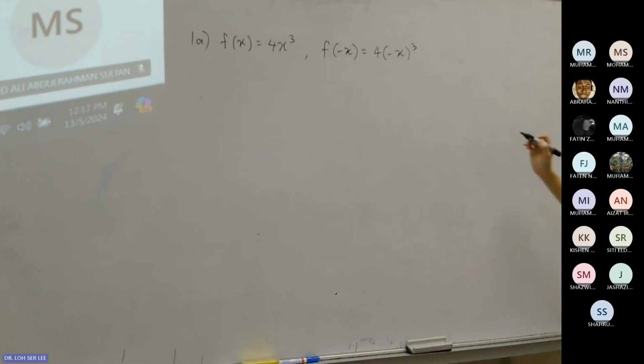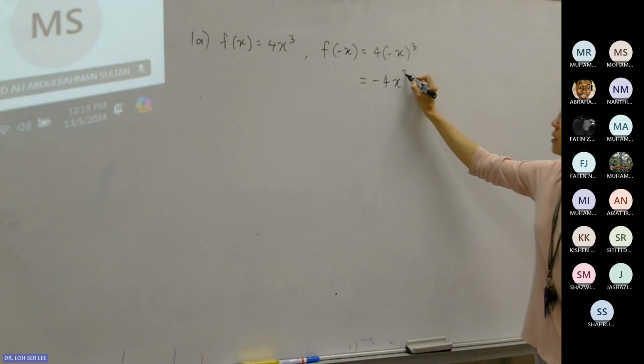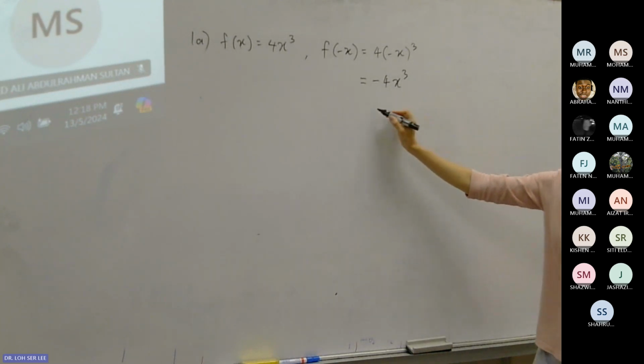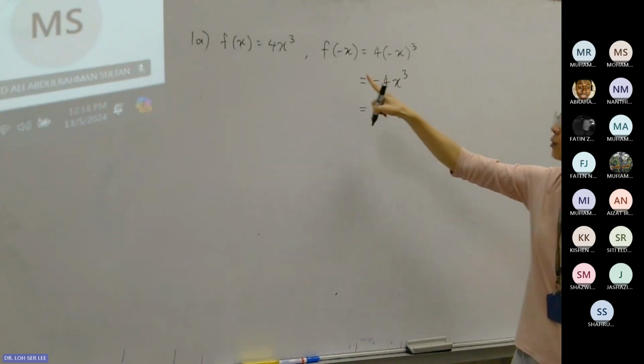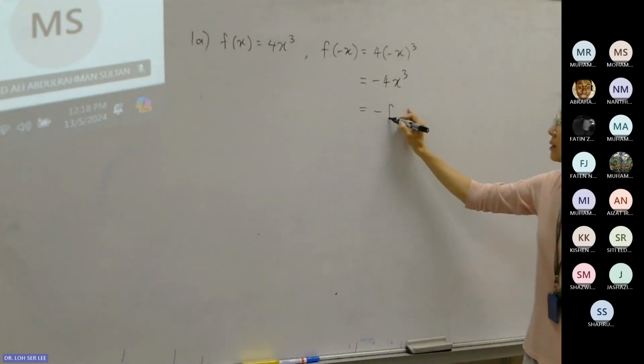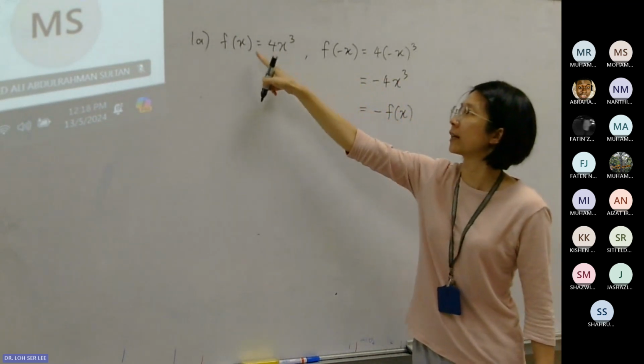So what do you get? When you simplify, do you get negative 4x cubed? So what is this? Negative 4x cubed is negative of your fx, because 4x cubed is your fx.